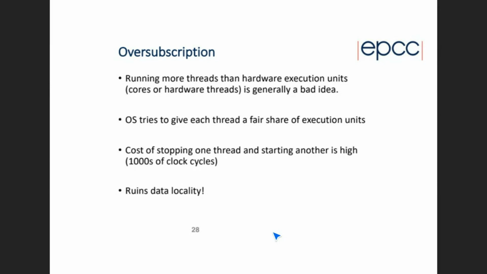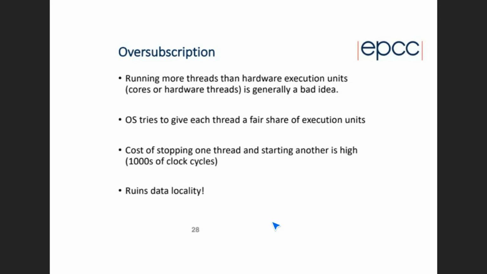Because what happens then is that you don't have enough cores to have all your threads actually executing at the same time, and the operating system will try to give each thread a turn and give them a fair share of the hardware execution units. And the cost of stopping one thread and starting another, if it's the operating system that's being involved, is high. It's an order of thousands or tens of thousands of clock cycles.